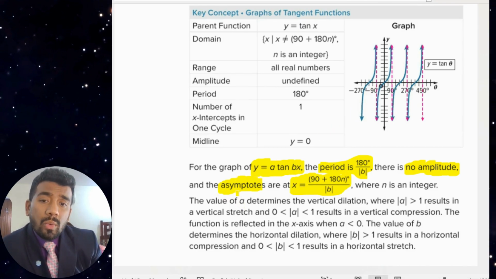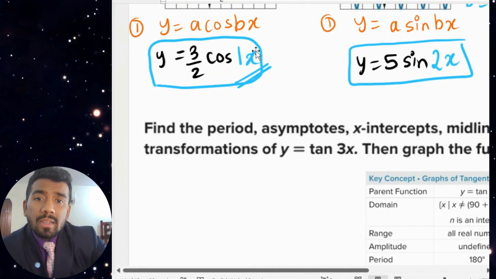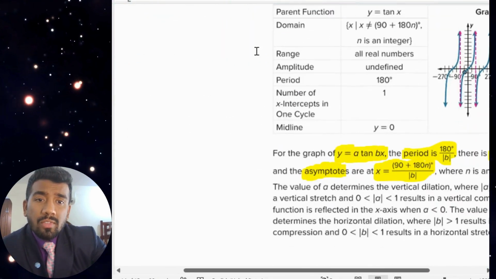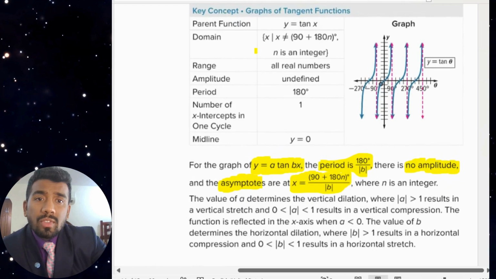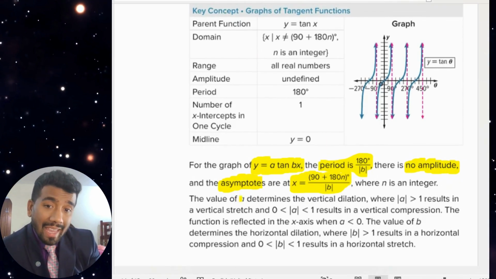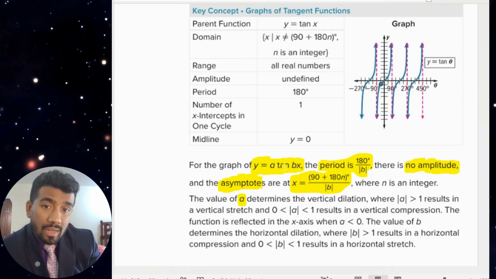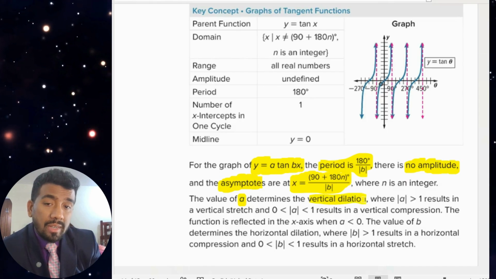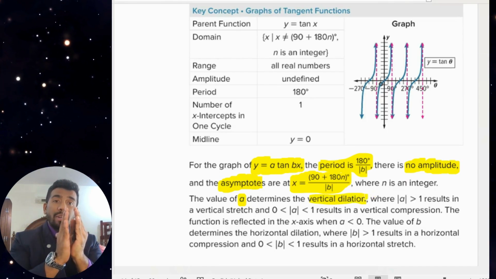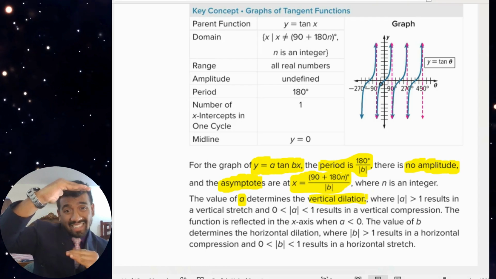We also need to determine the transformation of the graph. How do you determine it? The value of a, the value before the tan, determines vertical dilation. Vertical means how much it's dilated vertically.